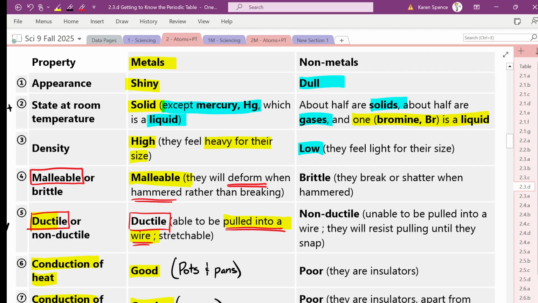Now, the opposite of malleable is brittle. Anyone heard the word brittle before? If you have not heard the word brittle, it almost sounds like it is. Brittle, brittle. You can imagine that if you hit some glass, it would go, brittle. Brittle means breakable, essentially.